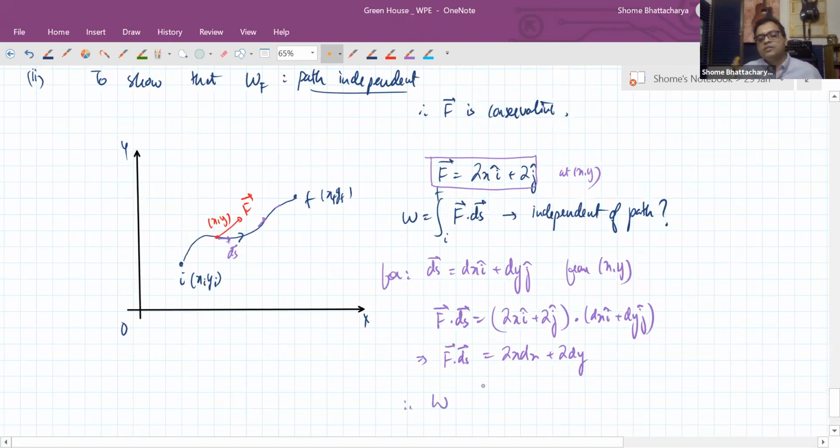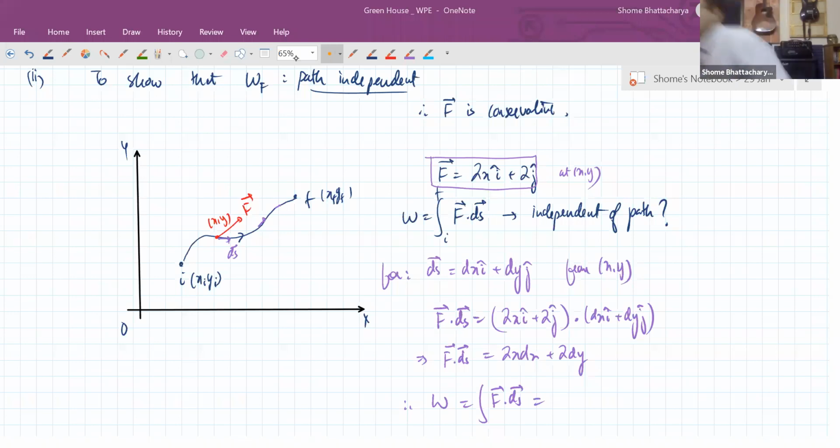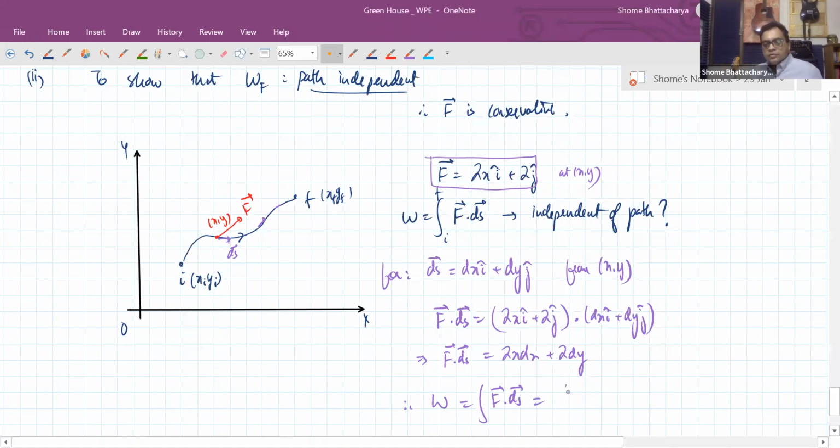So therefore work done, which is this integration, will become integration of 2x dx plus 2 dy from whatever initial position to whatever final position.